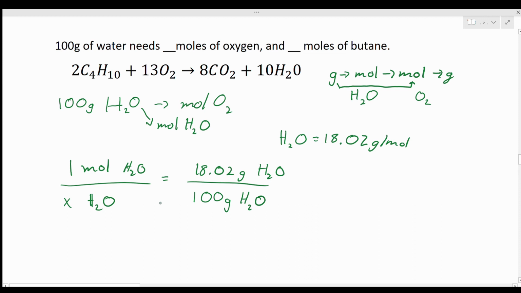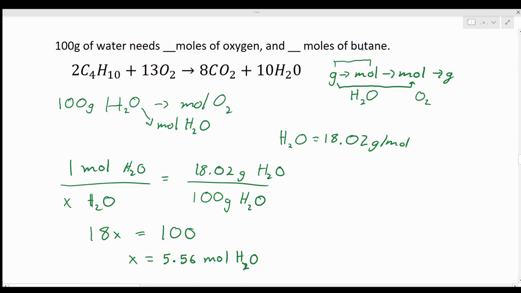Now we can cross multiply. 18 times x is going to be 18x, and 100 times 1 is just 100. Dividing both sides by 18, we get that x is going to be equal to 5.56, and that will be in moles of water. So now we have completed that first step right here.